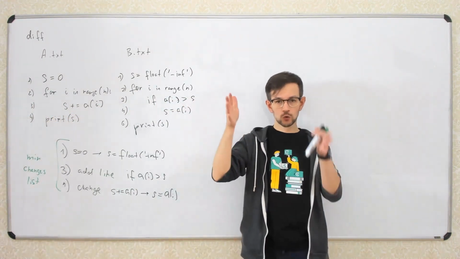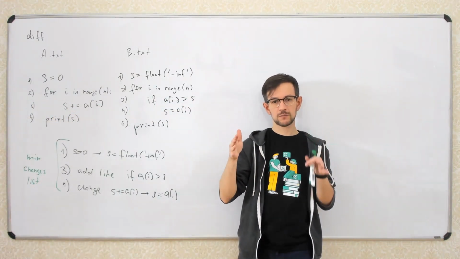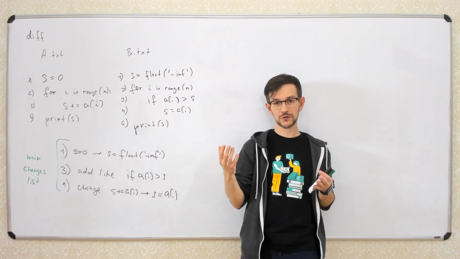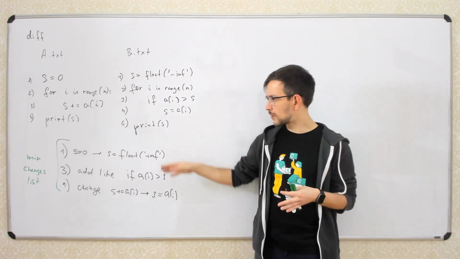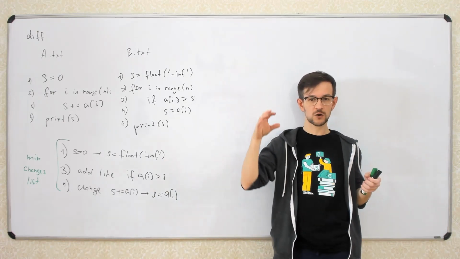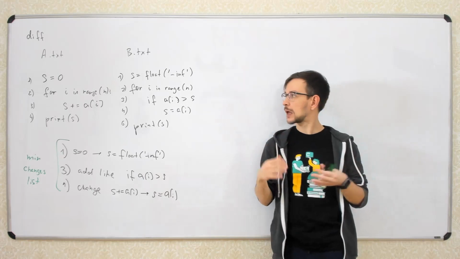If two files are roughly the same, but you just made some minor changes in different parts of the file, then you will produce a short list of changes which should be applied.